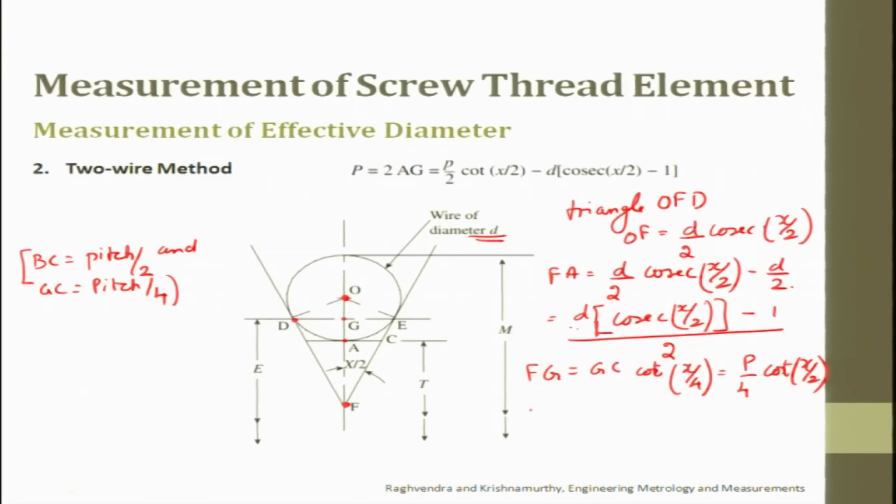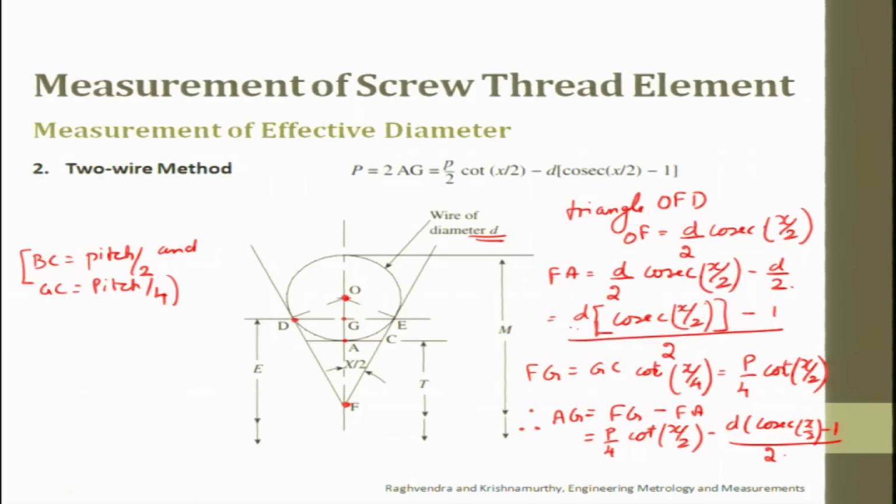Therefore, AG equal to FG minus FA, which will come to P by 4 cot x by 2 minus d by 2 (cosecant x by 2 minus 1).